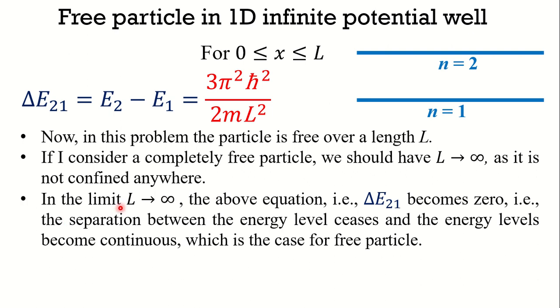Now in the limit L tending to infinity, from the above equation we find that delta E21 becomes 0. That is, the separation between the energy levels ceases and the energy levels become continuous, which is the case for a free particle.